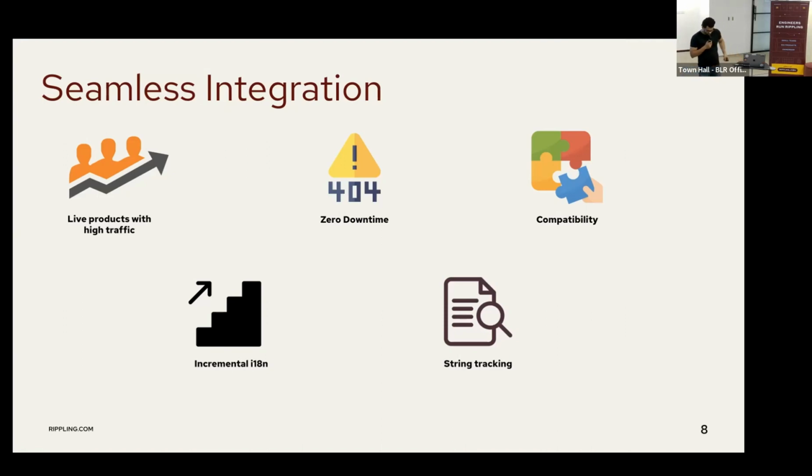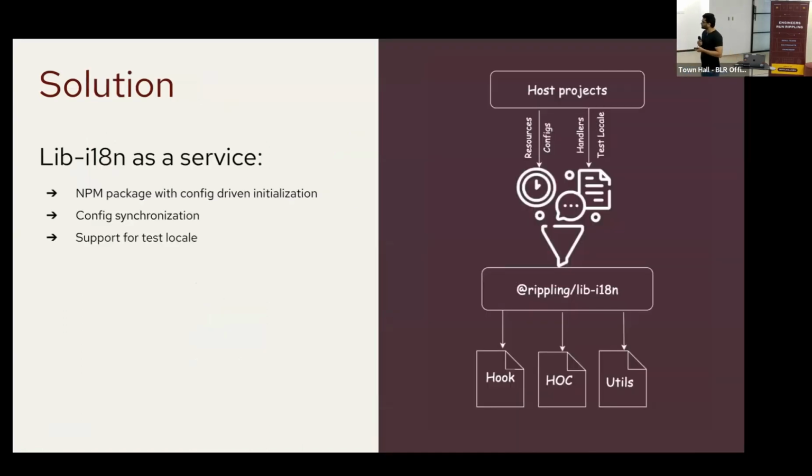And how did we solve this? We wrote our service library, i18n as a service, which you can install as an npm package, and which is highly configurable. Different projects can pass their configuration in terms of what languages need to be supported, what the fallback language should be, how you want to load your resources, and so on.